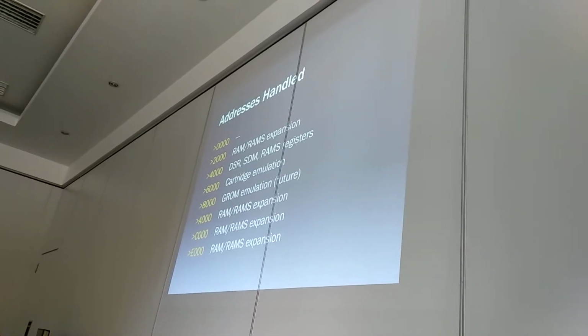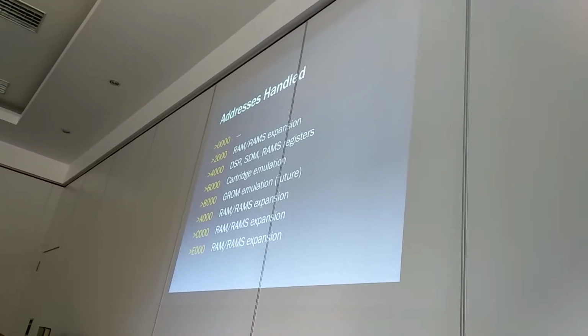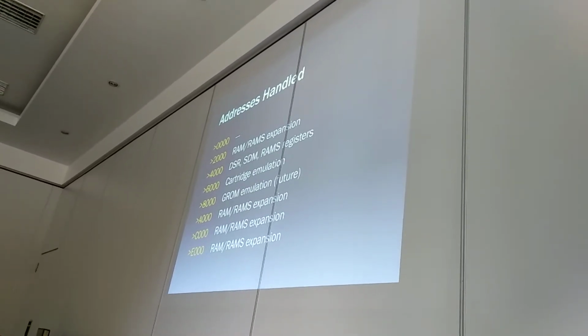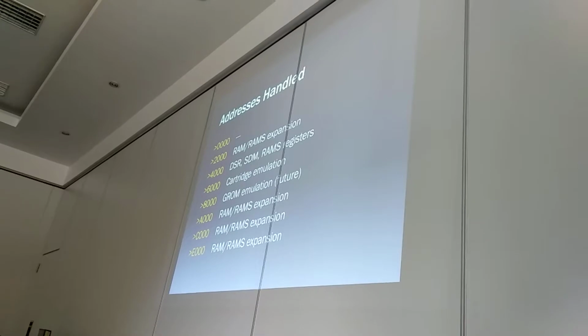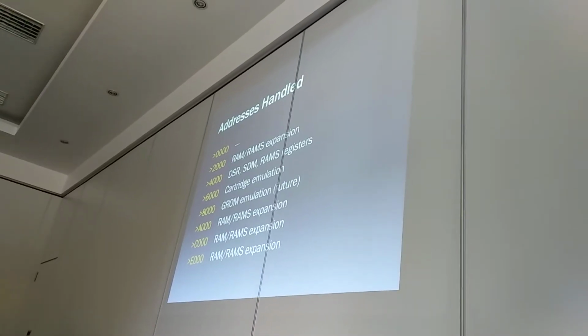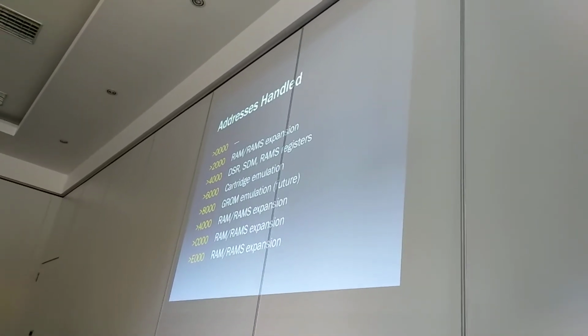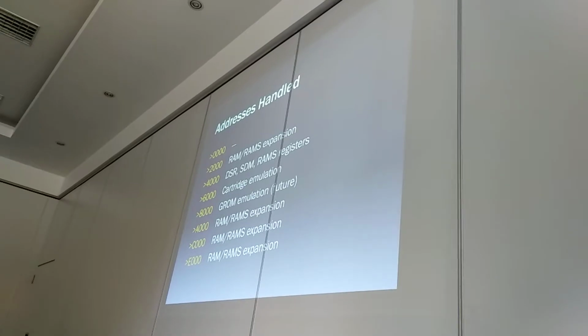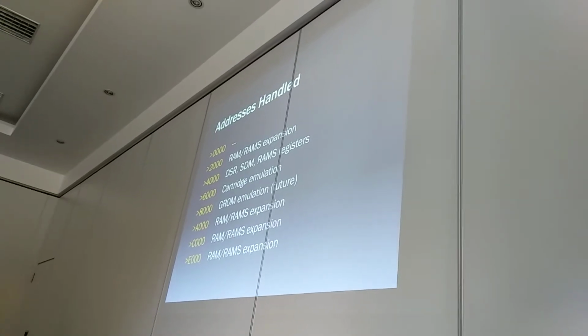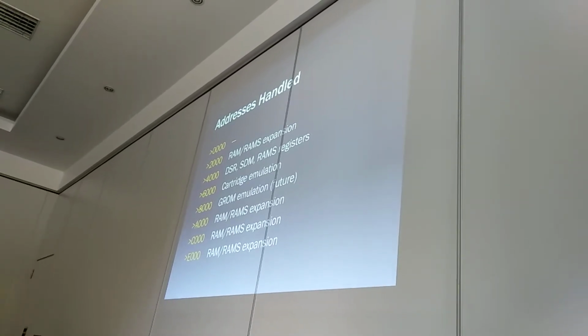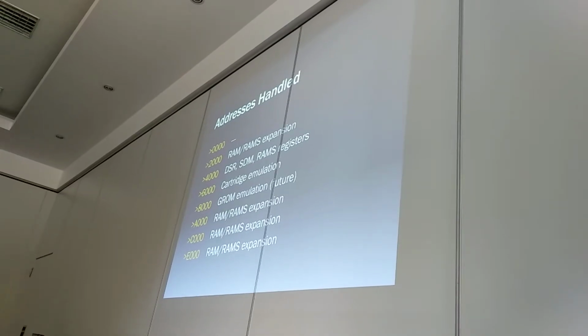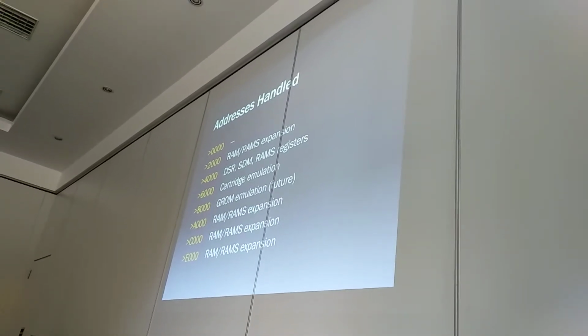Which means, together with Fixsound, you can basically emulate Final GROM. In theory, I haven't done it, but it should be possible. You could also emulate a speech synthesizer there. Yes, if I knew how it worked, I could do that.